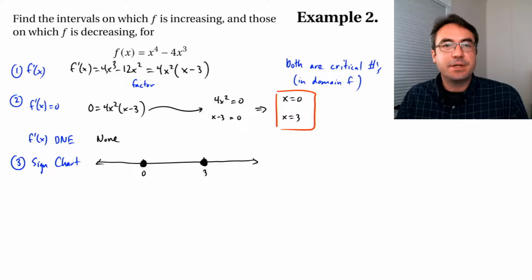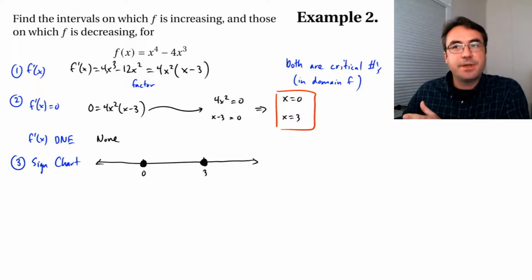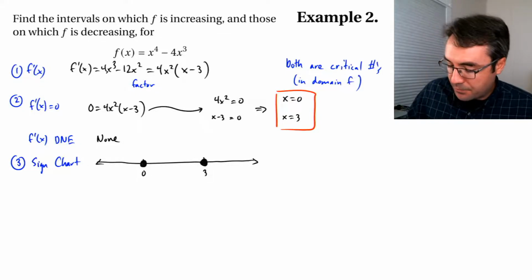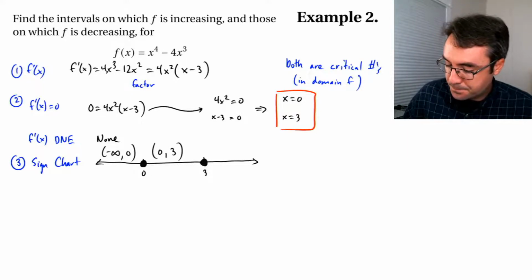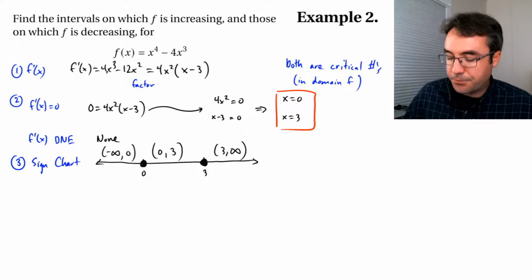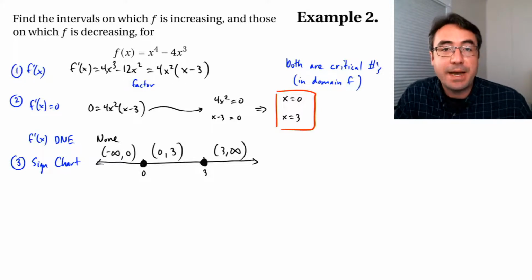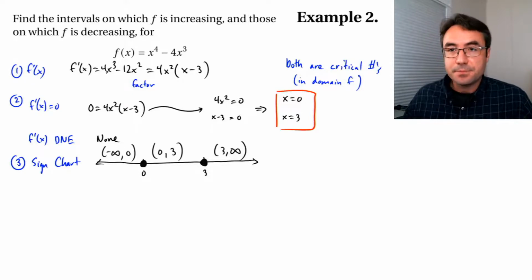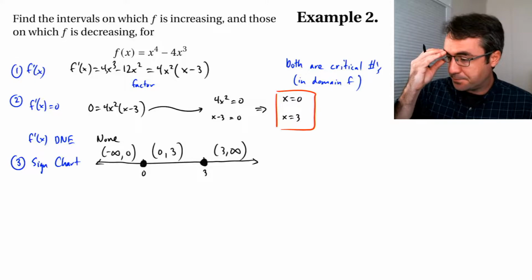Then we're interested in going a little bit further with this and figuring out local maxes and local mins. But for right now, those numbers split up our number line into 3 intervals. The interval from minus infinity to 0, the interval from 0 to 3, and then the interval from 3 to infinity. So we've split things up.